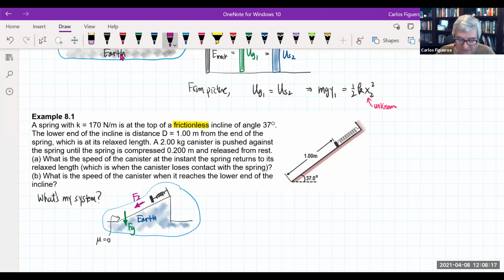There's no other force in the system. So immediately this tells me that E mechanical is equal to a constant. I can apply conservation of energy.